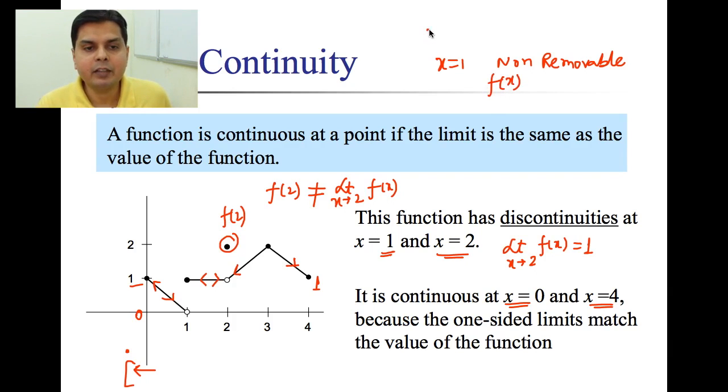But at x equal to 2, the limit exists. How much is the limit? 1. So if I suitably define my function as f(2) equal to 1, then this discontinuity will be removed. So at x equal to 2, the discontinuity is a removable discontinuity.